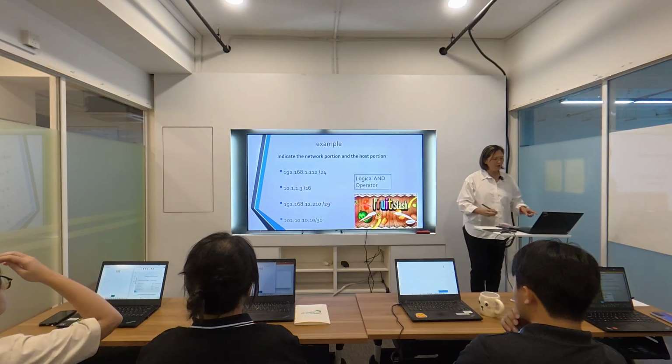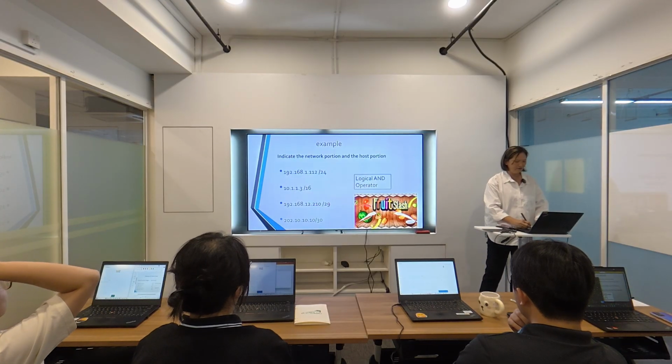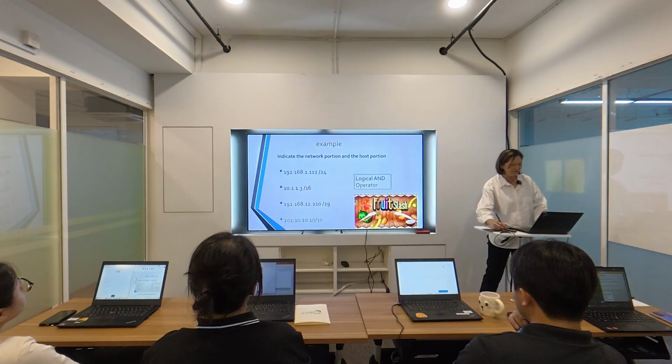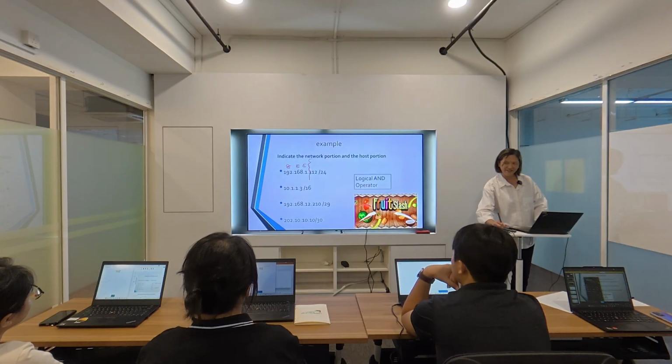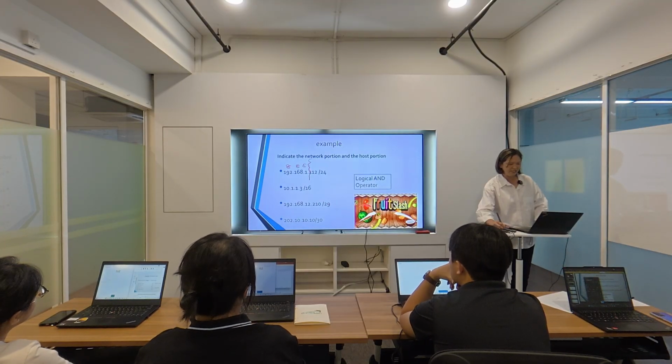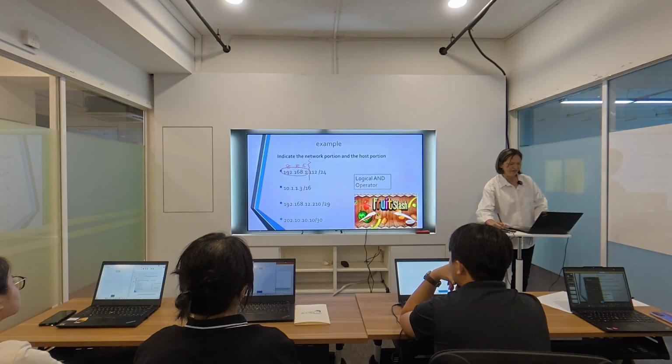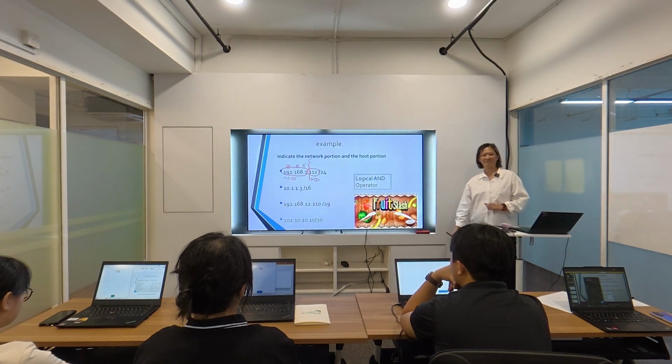Okay, so for example, 192.168.1.112, yeah. Now, slash 24, we know that this is 8 bits, 8 bits, 8 bits, so it's slash just at that decimal. Correct? So, this portion is what we call the network ID portion, and this other portion is what we call the host ID portion. Yeah.